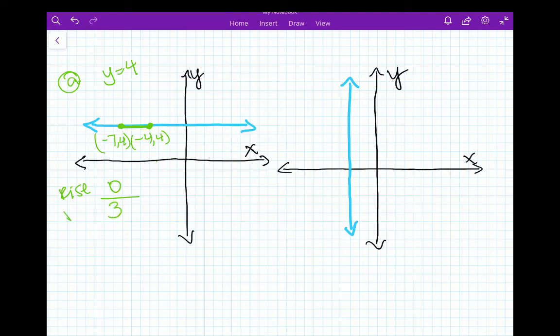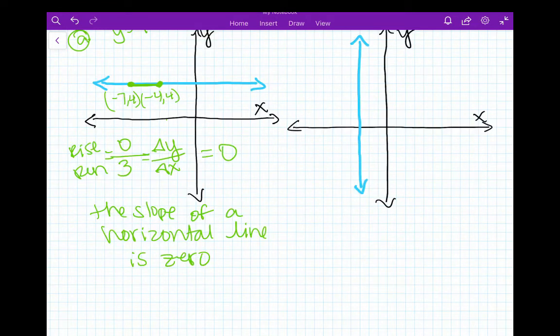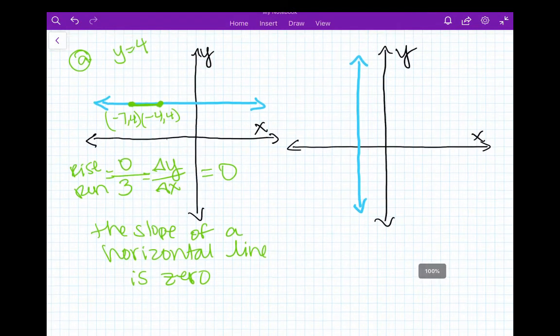My run is 3. Again, that's the change in x. So this is change in y, and this is change in x. We also call that rise and run. 0 divided by 3 is 0. So the slope of a horizontal line is 0, because the rise is 0, which is the numerator.